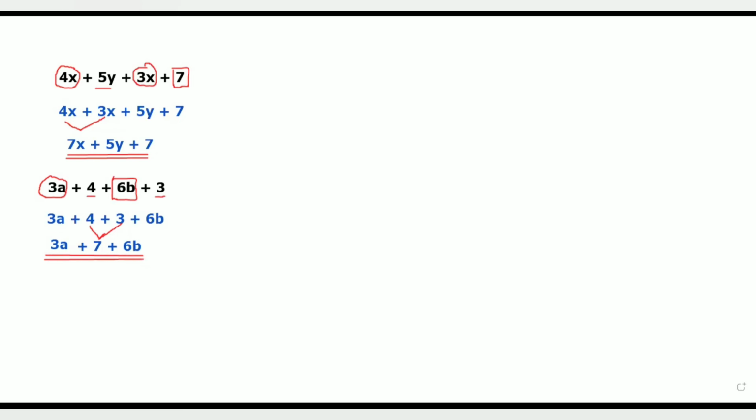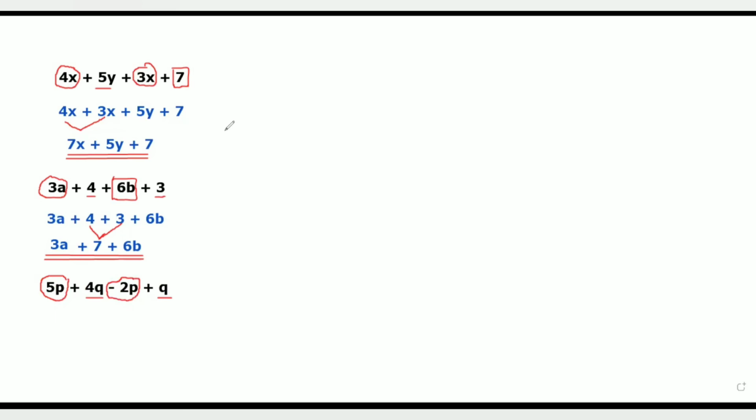Okay. We'll go for the Roman number 3. Roman number 3 is 5p plus 4q minus 2p plus q. So here also we'll take the similar terms nearby. There are 5 p's, minus 2p, then q's are there.